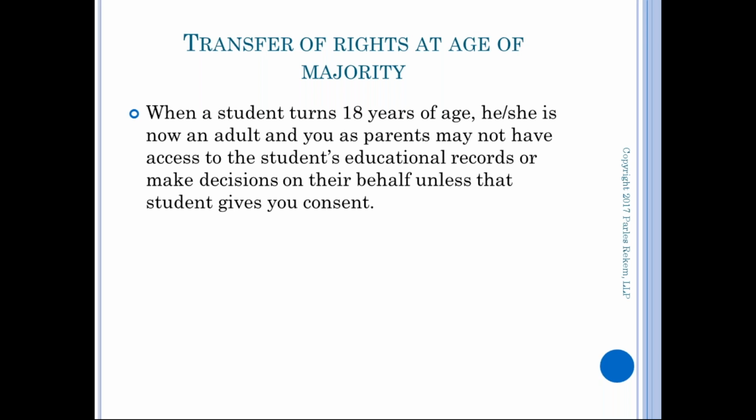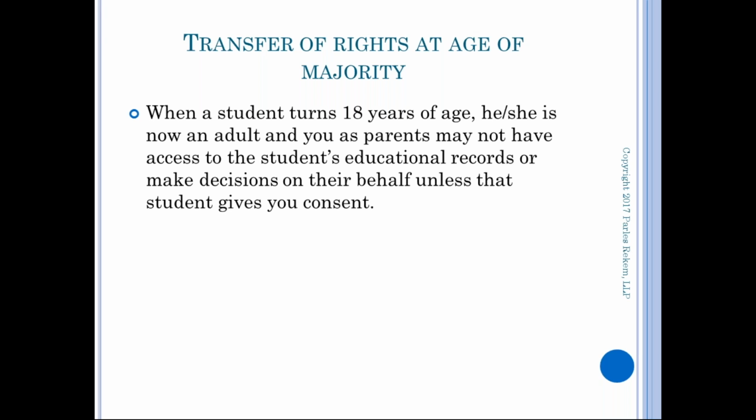Okay, so the next section discusses transfer of rights at the age of majority. So when children reach the age of 18, they are emancipated and become adults, and the parents are no longer their legal guardian and can no longer make decisions on their behalf. This is not only true for education, but also for medical decision-making and financial decision-making.